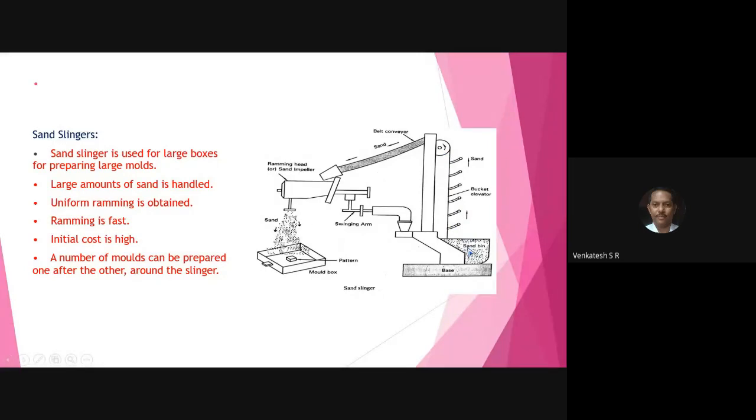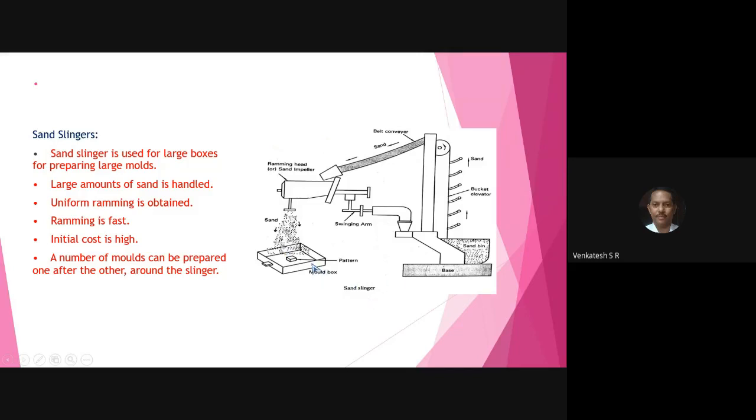The sand is filled in the buckets and falls on the belt conveyor, and the belt conveyor is connected to a small channel. From that, it falls into the sand impeller. All of you observe here, the sand impeller. This can be moved 180 degrees.